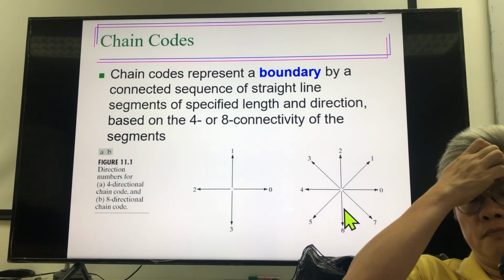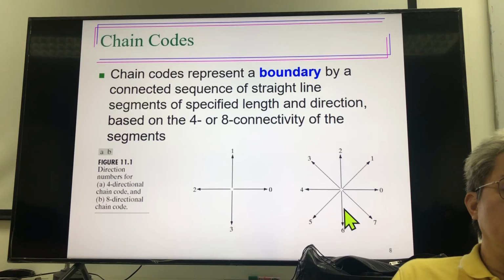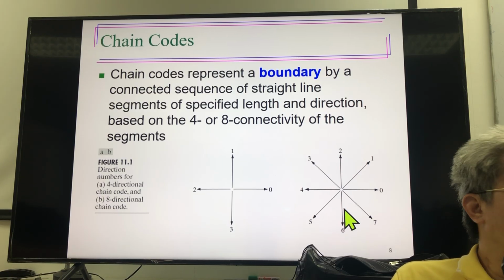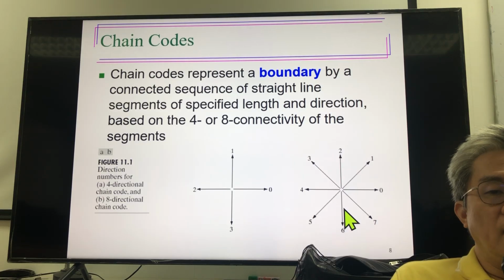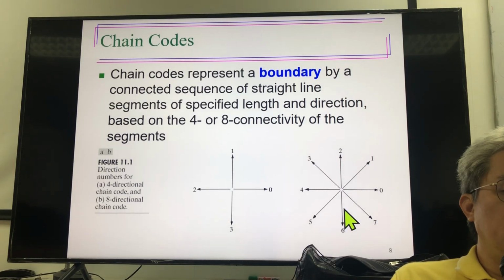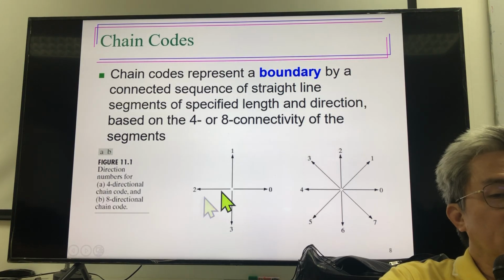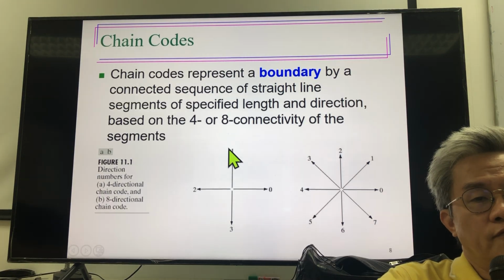Okay, let's take a look. The chain code is one way to represent the boundary of the object, by connecting a sequence of straight line segments that specify length and direction based on 4 or 8 connectivities. Suppose we have the 4 connected. Remember last time we learned the 4 connected?